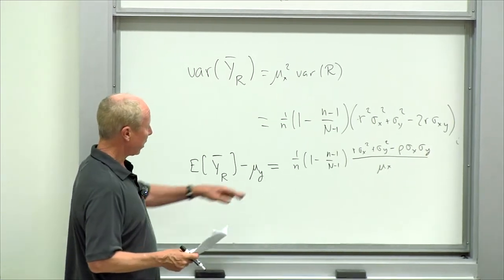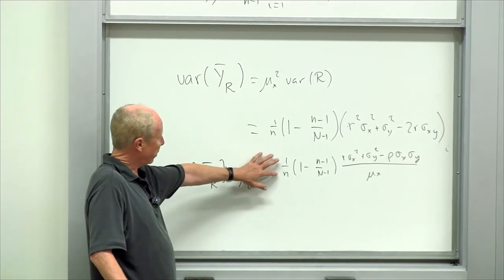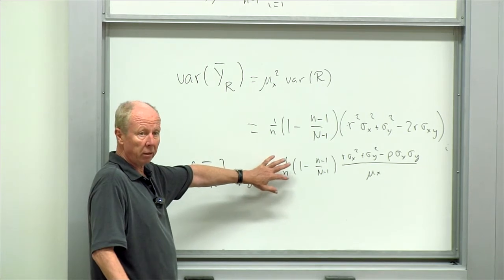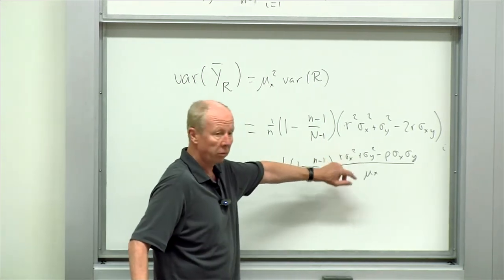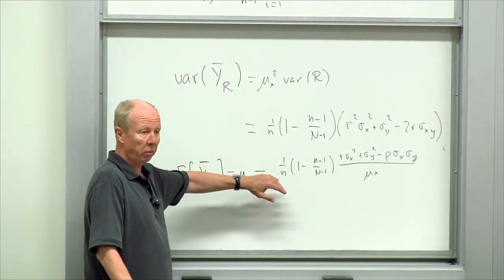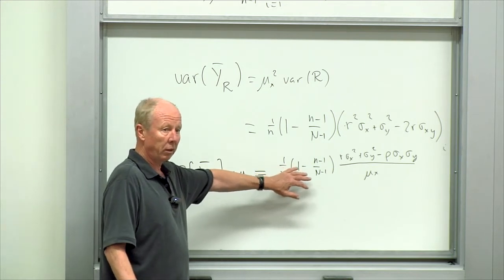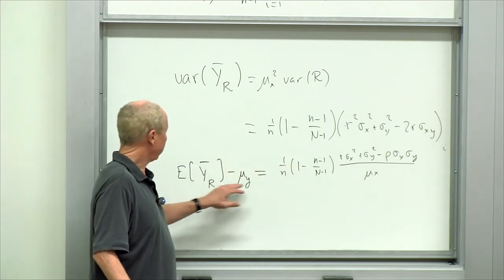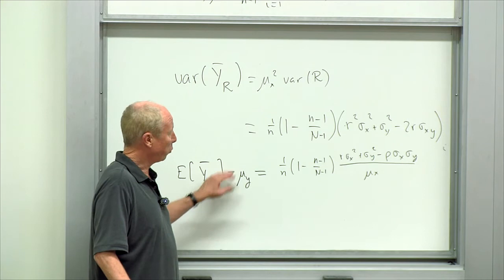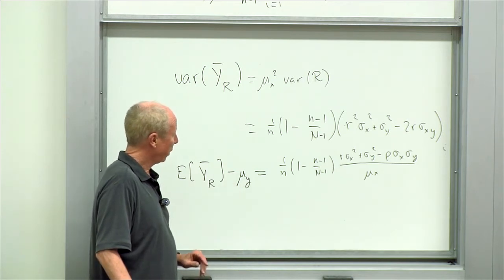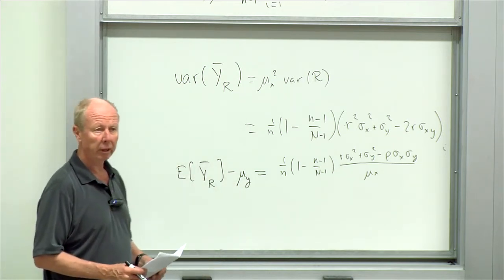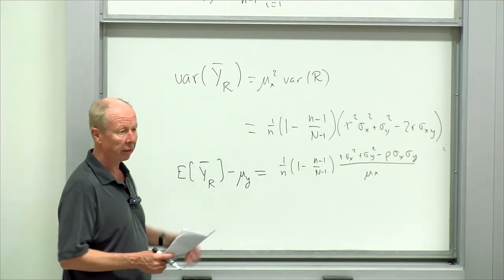Okay, so it's a biased estimator, but if the sample size is big, and this doesn't turn out to be too big, then it'll be not too biased, I would say. So let's take a break here, and then we'll look at estimating this thing after the break.